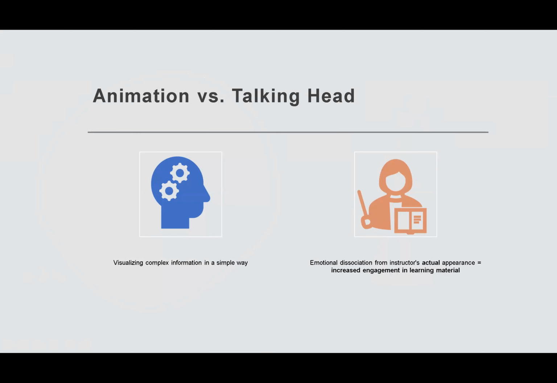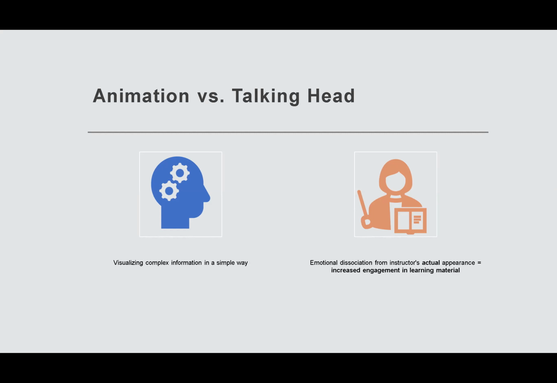So again, animation versus the talking head. In animation, people are able to visualize complex information in a very simple way. And this is important because, as I said earlier, adults learn differently, and it's just the reality of the situation. So what I want to try to do is not make it overly complicated for them to understand what I'm trying to communicate.